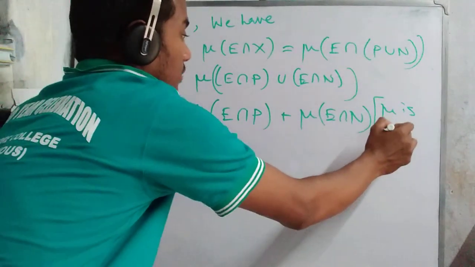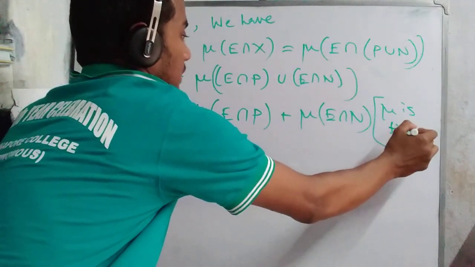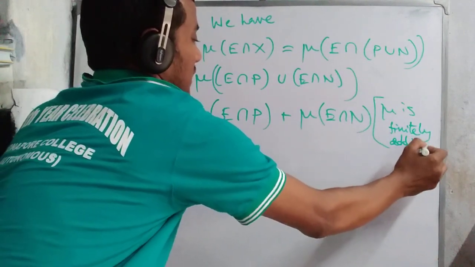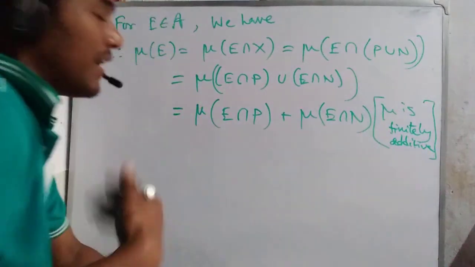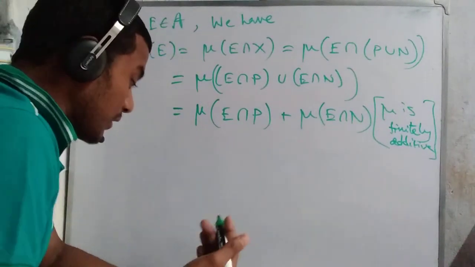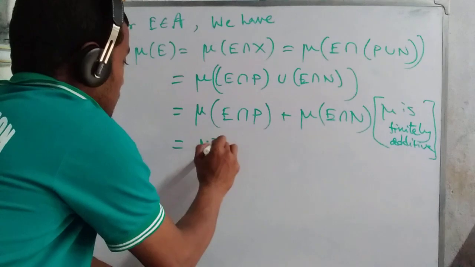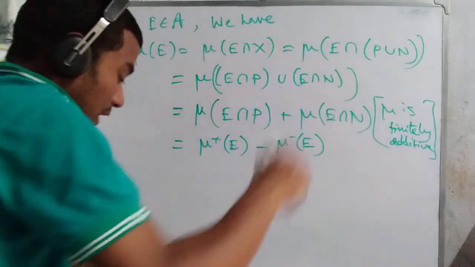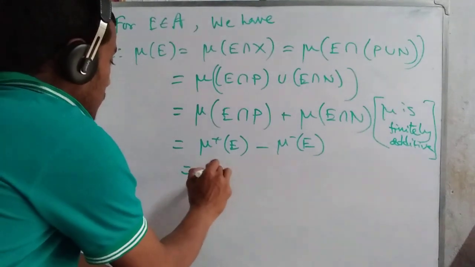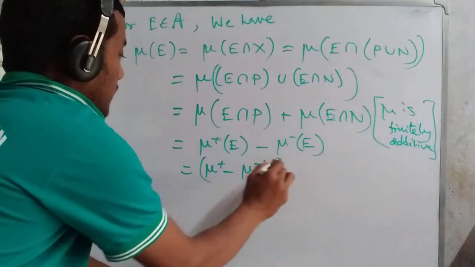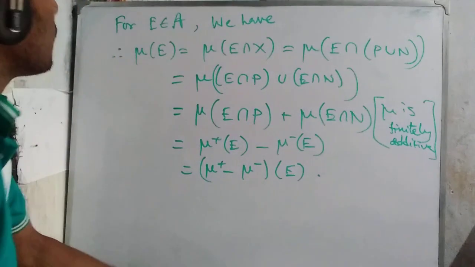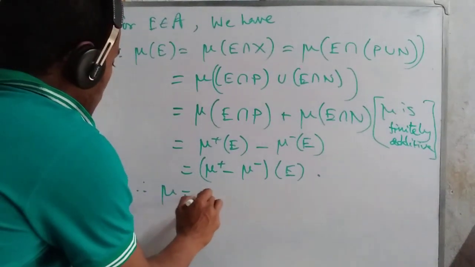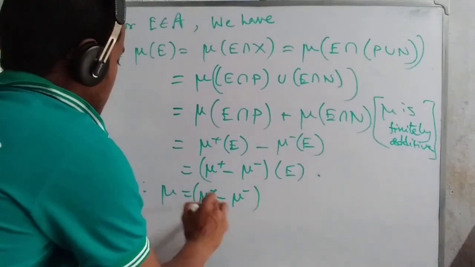Now going forward, this one is μ⁺(E) and this one is −μ⁻(E). Then this equals (μ⁺ − μ⁻)(E). So we get μ = μ⁺ − μ⁻.